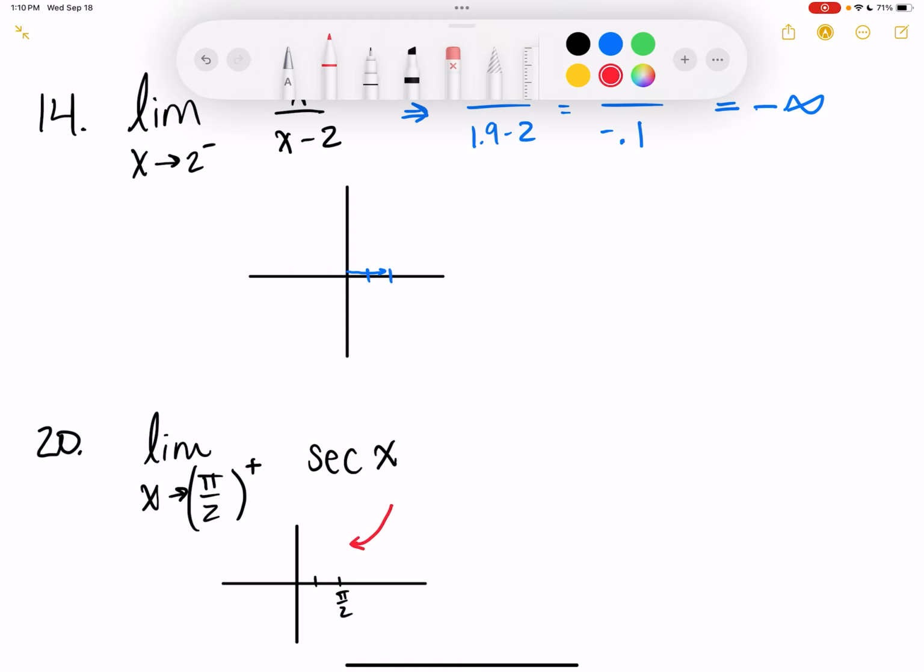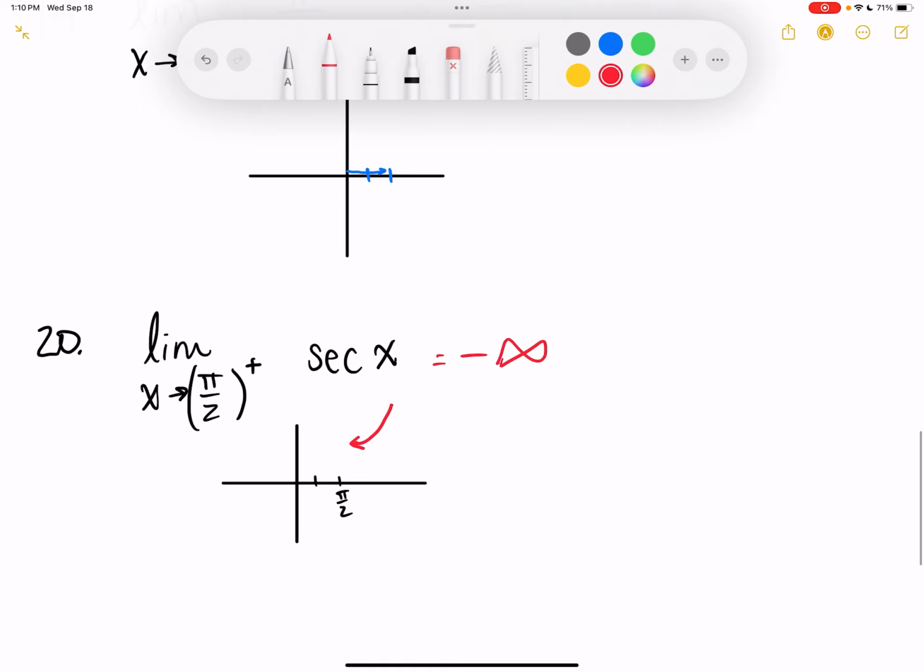I say we go negative infinity, because that's what the brain says secant does. Because it goes one, one, one. Let me just put this. All I remembered is where the center one is.